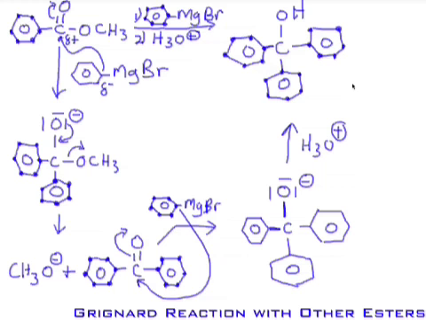That's its current common name. IUPAC would be triphenylmethanol. So there you have it. All other esters other than methanoate, here we have methyl benzoate, generate tertiary alcohols.